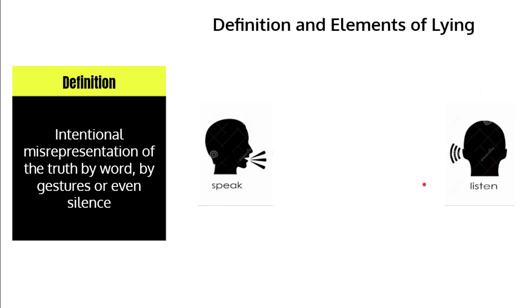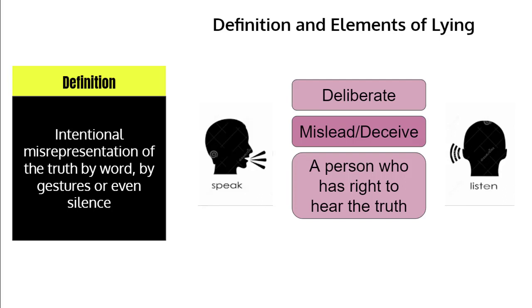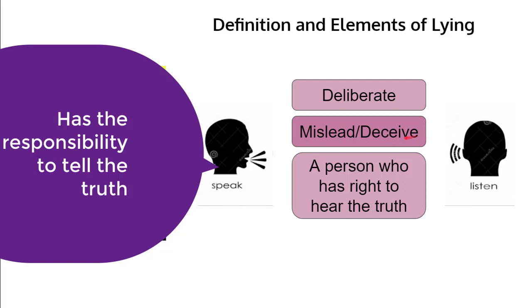Now, in lying, the speaker deliberately misleads or deceives a person who has the right to know the truth. So, ang elements ng lying ay ito ay sinadya, ginusto, it is intentional. And you do this to mislead, to deceive, lokohin, or dalhin sa maling pagkakaunawa ang listener.